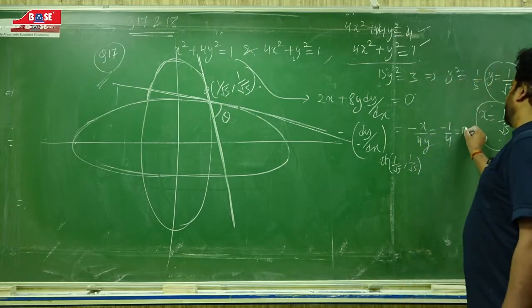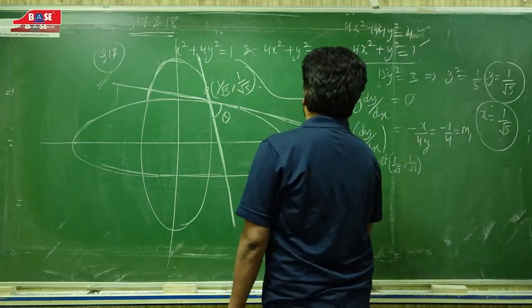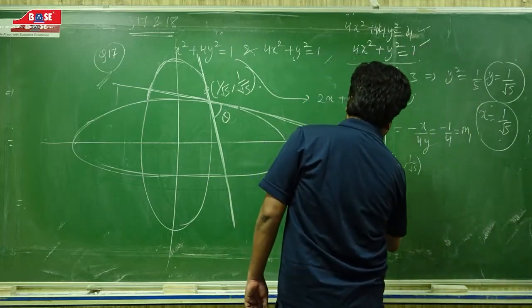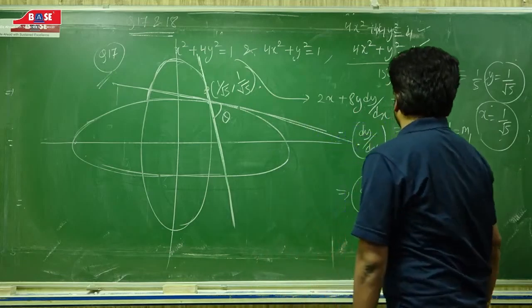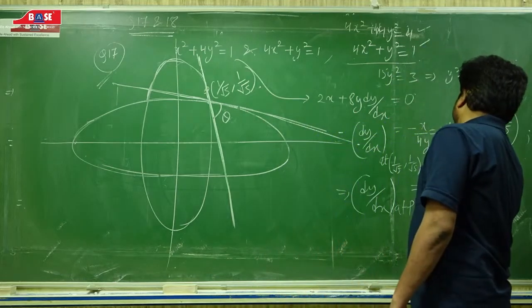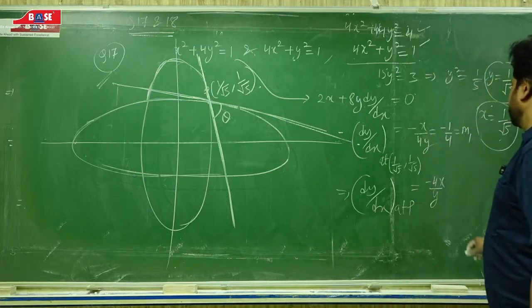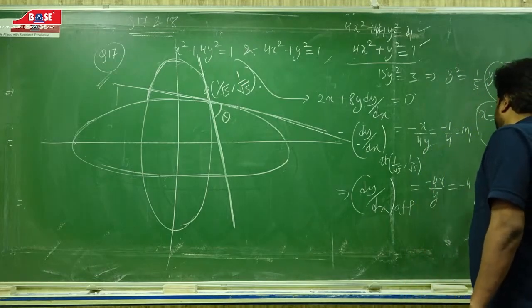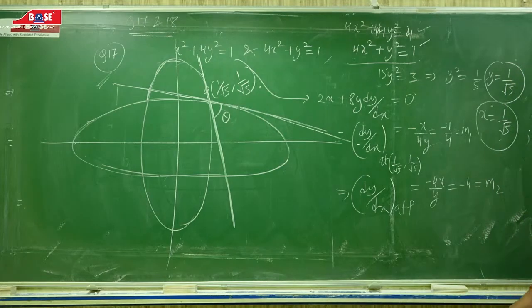I can say this is the slope 1, right? Similarly, if I differentiate the second equation, I'll get dy by dx again at the same point P, which is going to be minus 4x by y. So that will give us minus 4, which is our M2, right? So M1 is minus 1 by 4, M2 is minus 4.